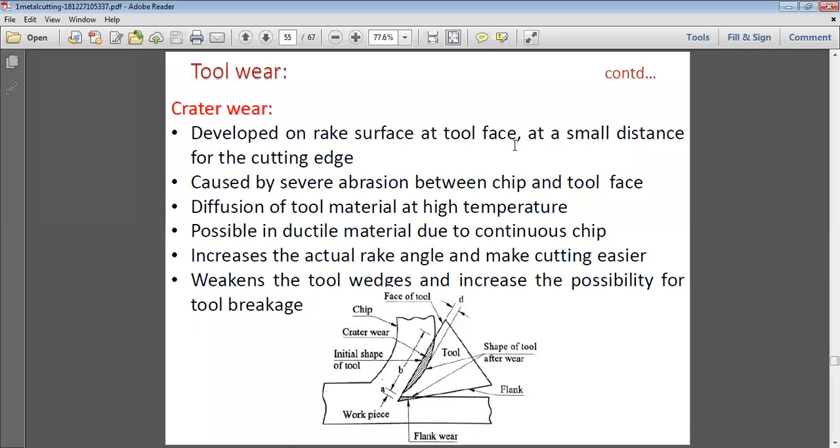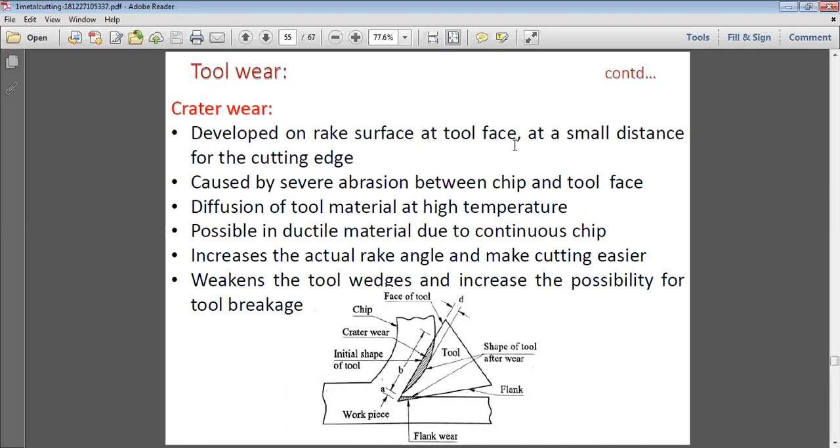The high temperature zones are where the cutting edge is touching the workpiece, taking off material, and where chip formation is taking place. So all over this is basically a high temperature zone.